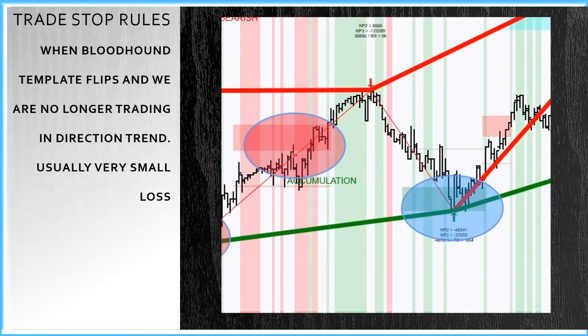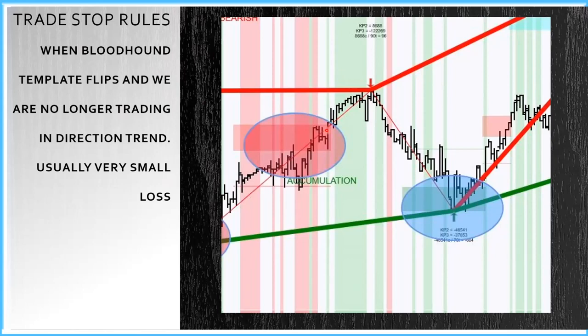Well, this usually, because price has already moved about 4 to 5 points just to get here, when the template flips, it's going to be about 7 points from the low, but our entry is going to be about 4 to 5 points from that low. So when it flips, we're probably again going to have a small loss, 1 to 2 points.